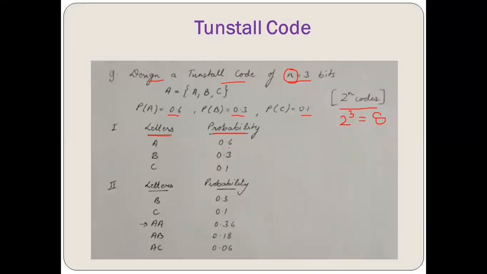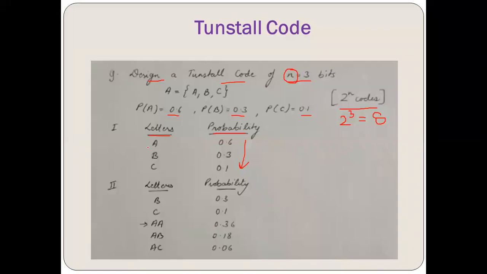Right? The maximum is A, then B, and the least is the C probability. Now the next step: you take the letter that has the maximum probability and remove that particular letter from the list.